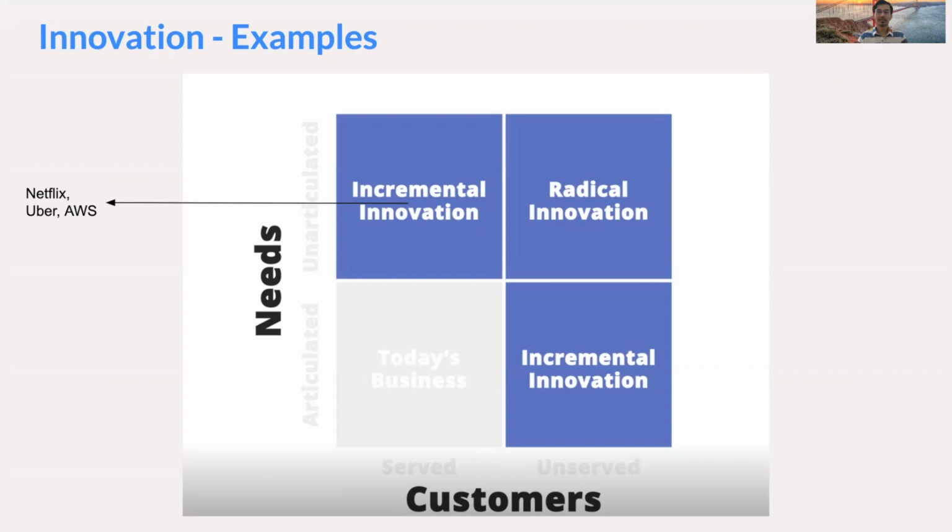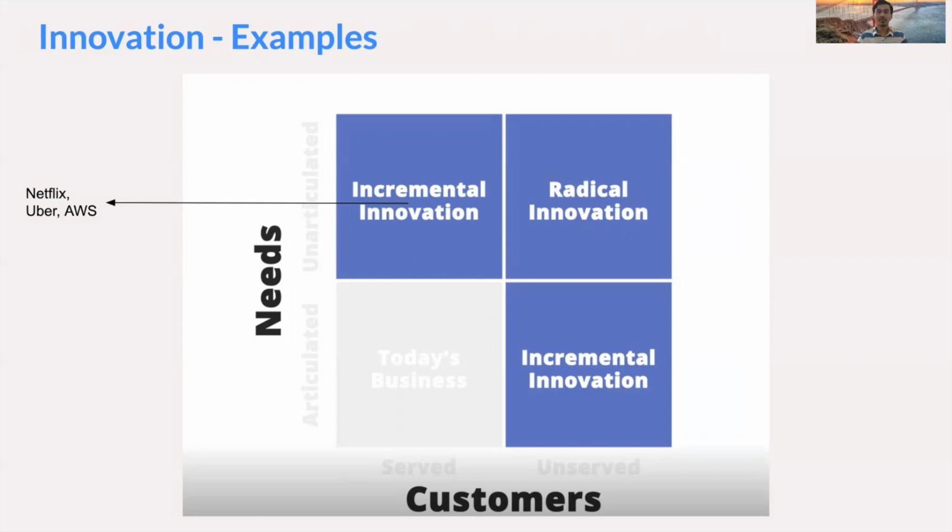Similarly, when they pivoted to OTT, the video on demand service, no one was asking, "Hey, Netflix, we want to watch movies on our own system through the internet," because at that point in time it was already being served in a different manner by DVDs or video cassettes which people used to play on their TVs.